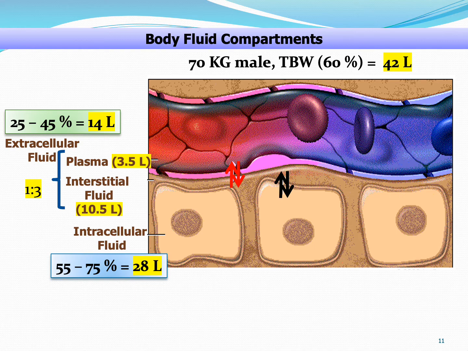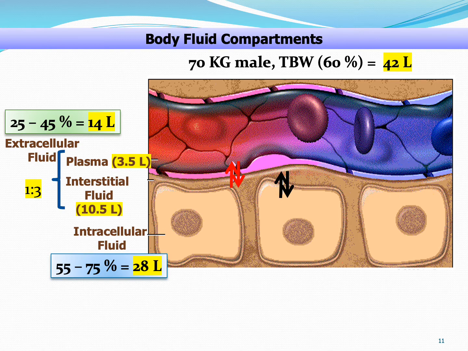The total body water, which is usually 60% of the body weight, will be around 42 liters. The intracellular fluid will be around 55 to 75% and will come out around 28 liters, and the extracellular fluid will be 25 to 45% and will turn out to be 14 liters.